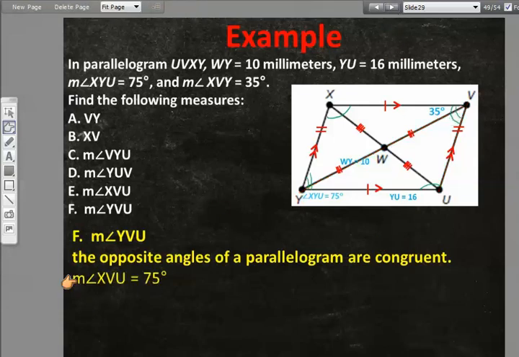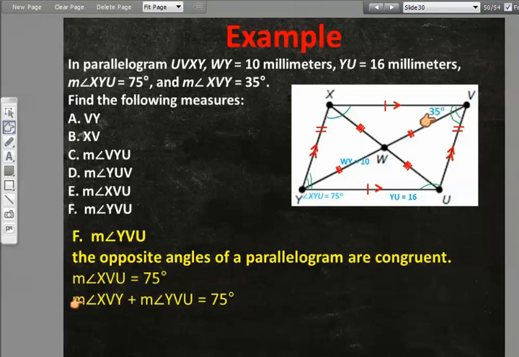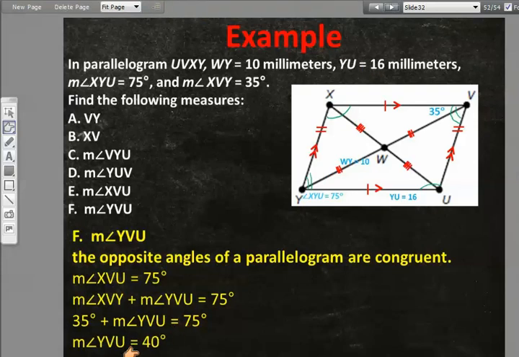So I put the measure of XVU as 75 degrees. So I know that XVY plus YVU is going to equal 75 degrees. So I plug in 35 degrees, and subtract it from 75. So the measure of angle YVU is going to be 40 degrees.